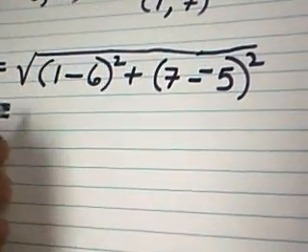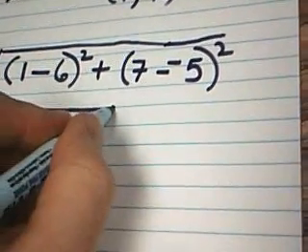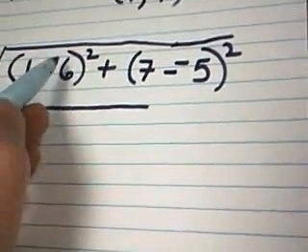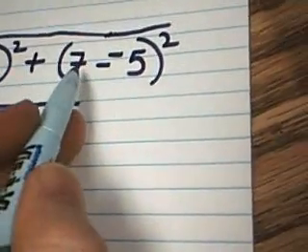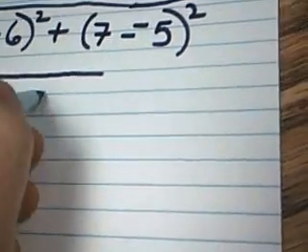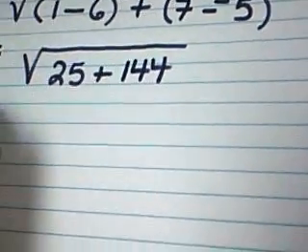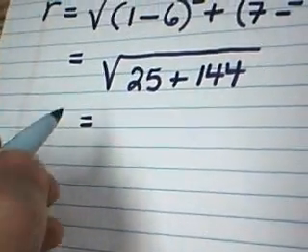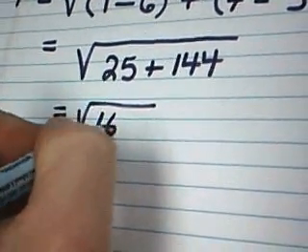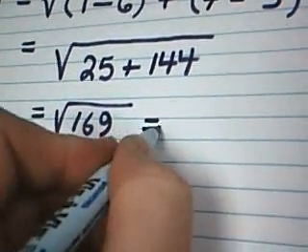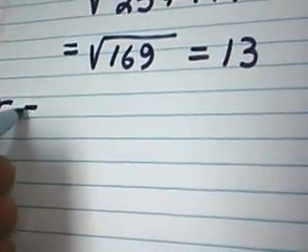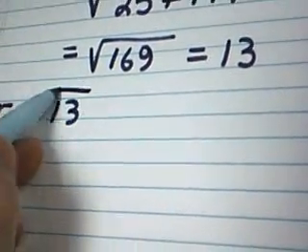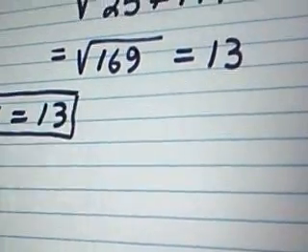That is equal to the square root of, all right, -5 squared is 25. 12 squared is 144. That becomes the square root of 169, which of course is equal to 13. So what we have just found out is that the length of the radius of this particular circle is 13.